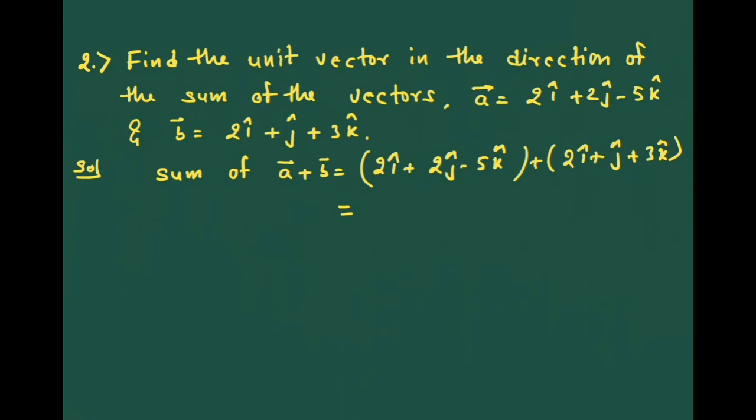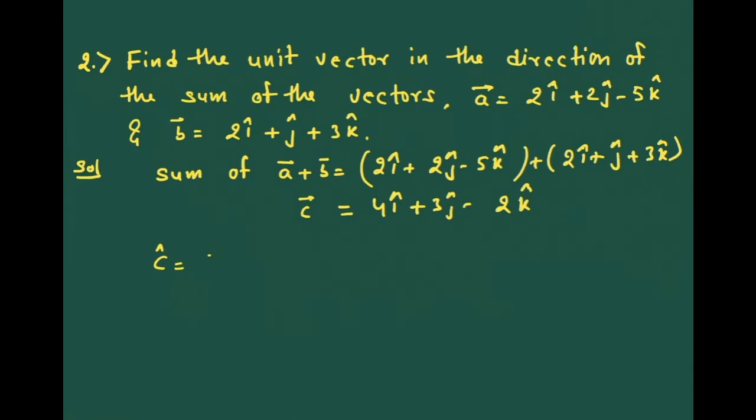Our answer is 2 plus 2, 4i cap, 2 plus 1, 3j cap, and minus 2k cap. So let this vector be C vector, which is equal to the sum of A and B vector.